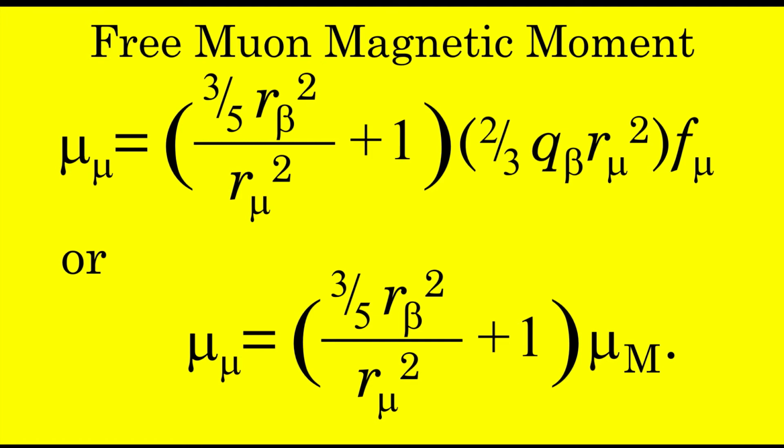When this I sub mu is multiplied by the muon rotational frequency f sub mu, it gives the muon magnetic moment of mu sub mu equals 1 plus 3/5 r sub beta squared over r sub mu squared times 2/3 q sub beta r sub mu squared f sub mu, or 1 plus 3/5 r sub beta squared over r sub mu squared times mu sub m, where mu sub m equals 2/3 q sub beta r sub mu squared f sub mu.